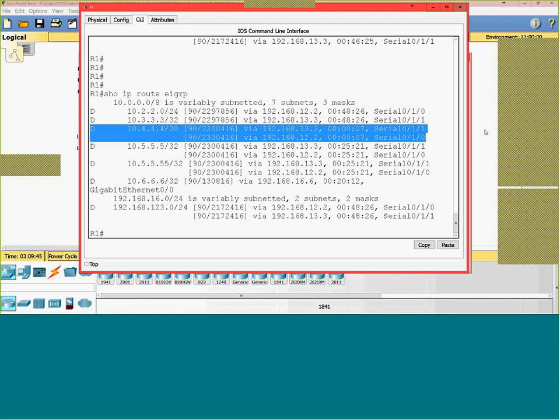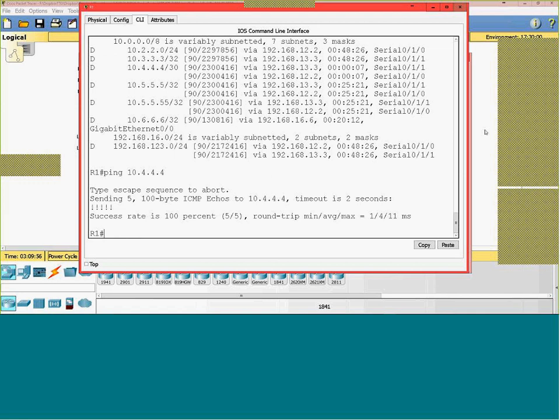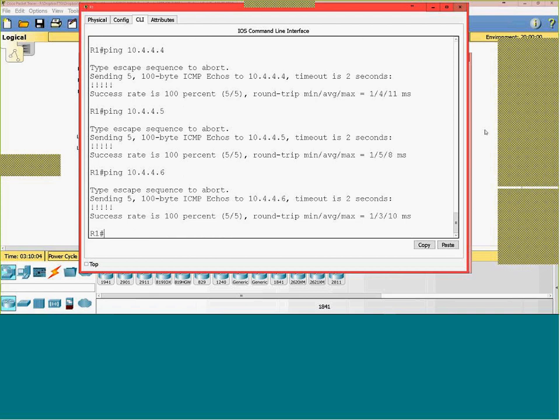I could do the same thing for 10.5.5 and any other networks that I can summarize. I can still ping 10.4.4.4, I can still ping 10.4.5.4, and I can still ping 10.4.6.4 because it's using that summary route to get to those destinations.